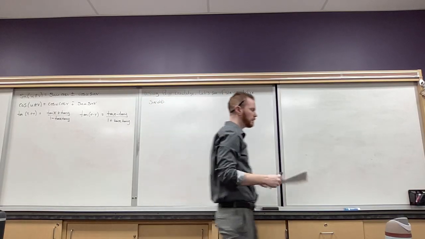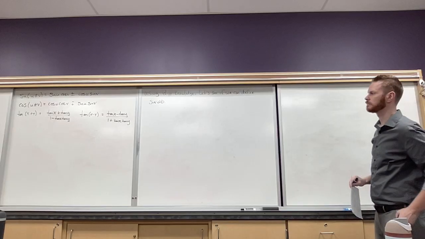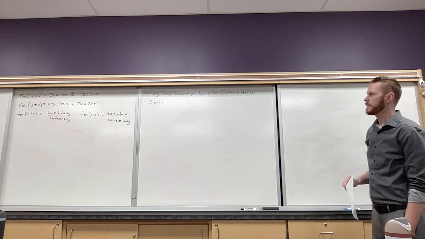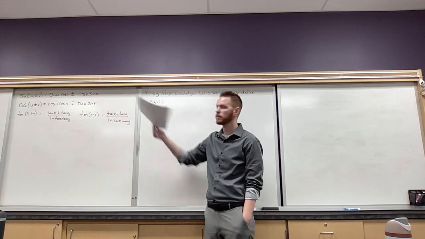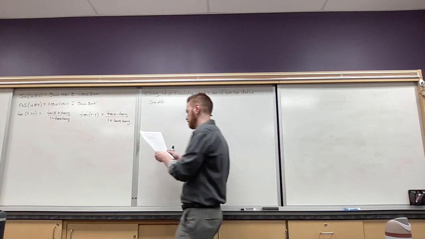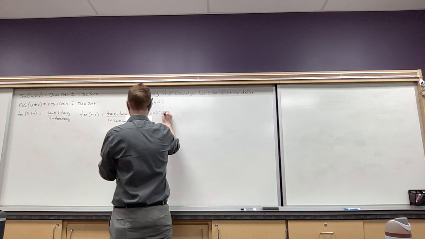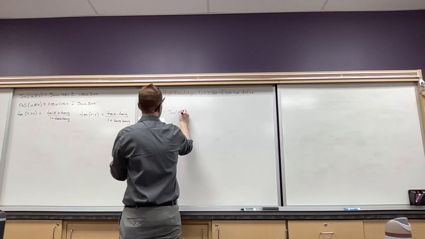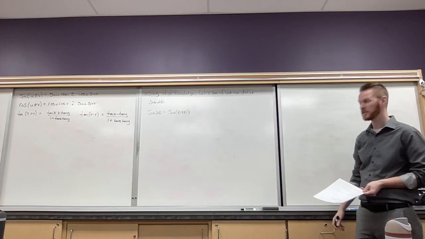What if we doubled the angle? Can we figure out a way to simplify it? How I'm going to do that is use the summation formula over there. Sine of 2 theta can be rewritten as sine of theta plus theta, because theta plus theta does give me 2 theta.